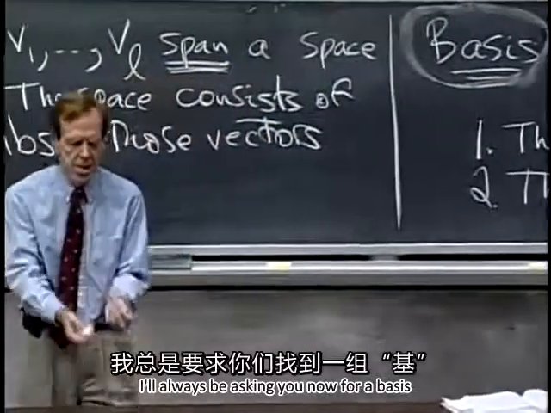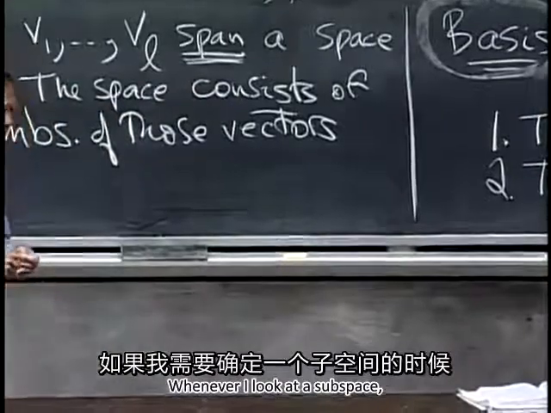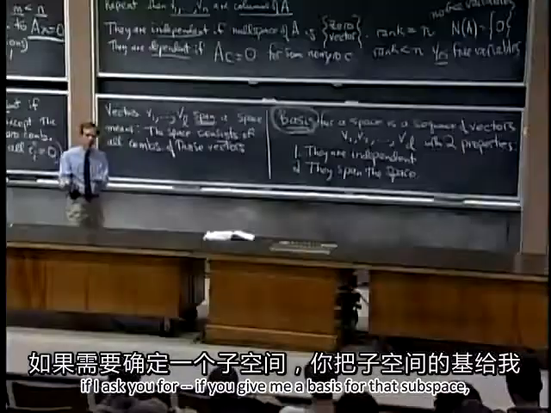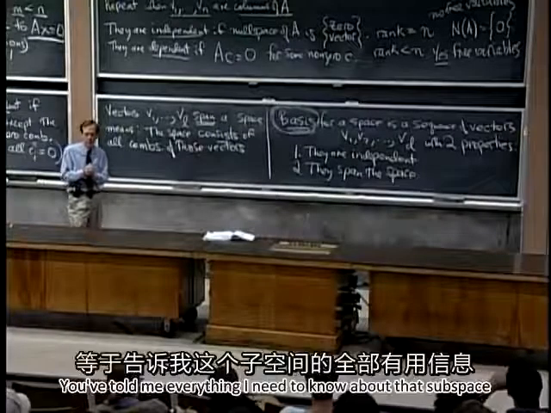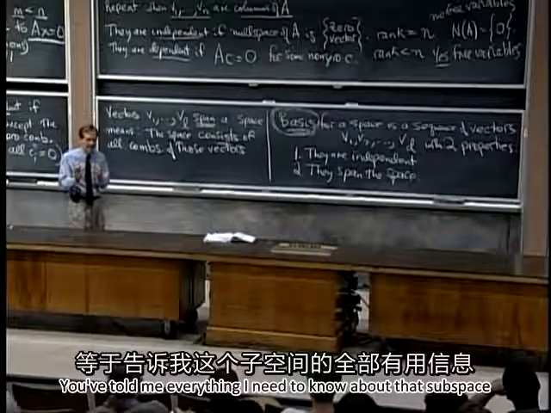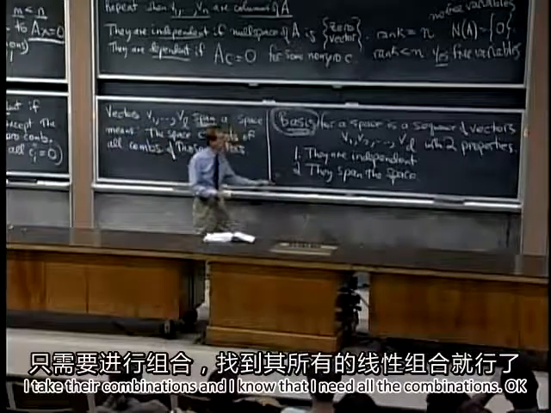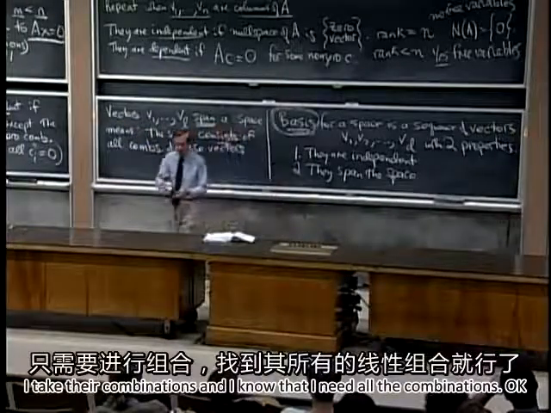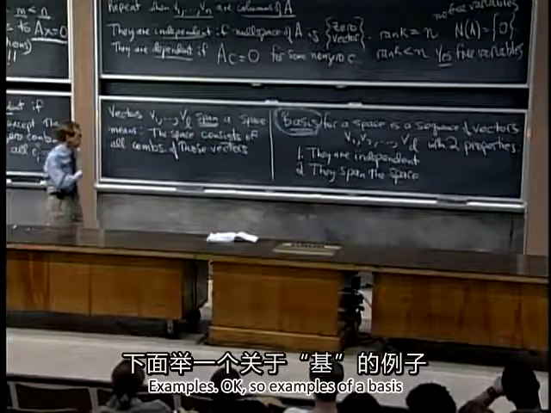I'll always be asking you now for a basis. Whenever I look at a subspace, if you give me a basis for that subspace, you've told me what it is. You've told me everything I need to know about that subspace. I take their combinations, and I know that I need all the combinations. Okay, examples of a basis.